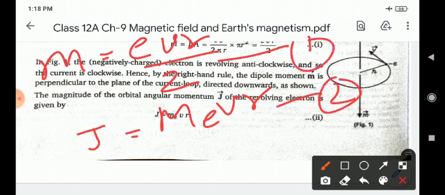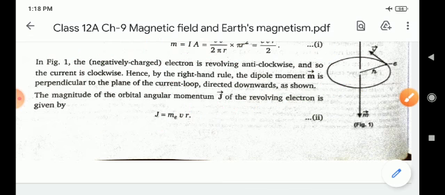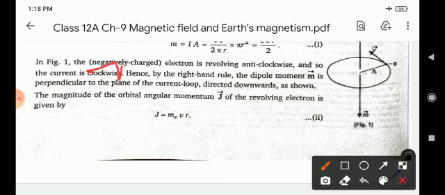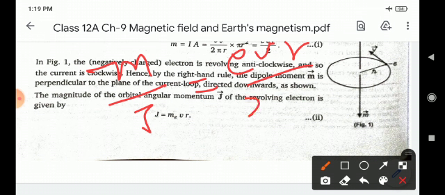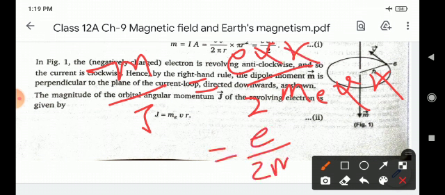On dividing first by second, we get m upon j is equal to evr upon 2 m e v r, that v r cancels, that is e upon 2 m e, e upon 2 m e.